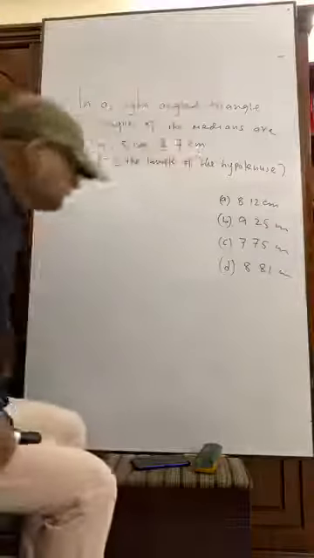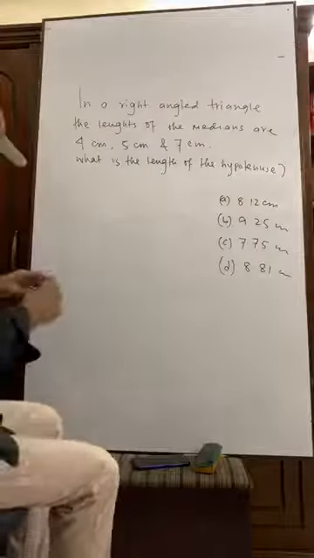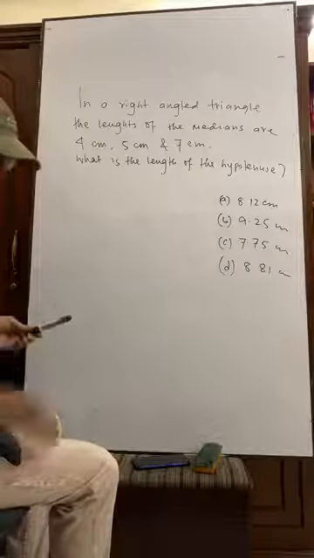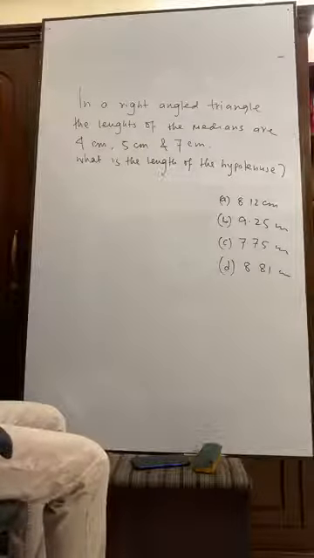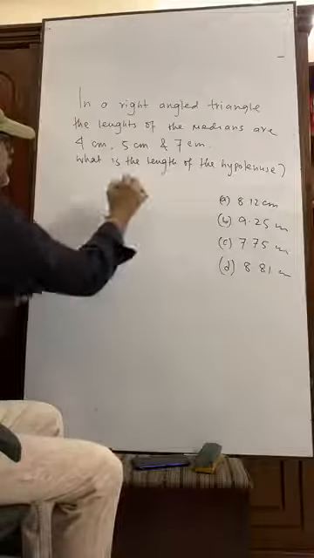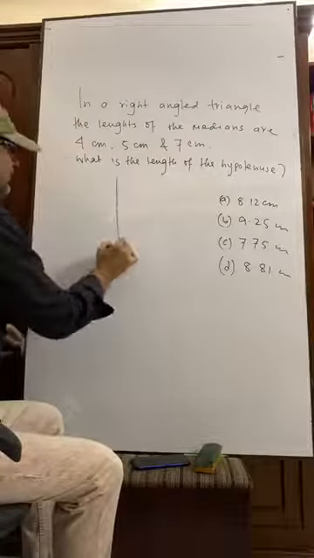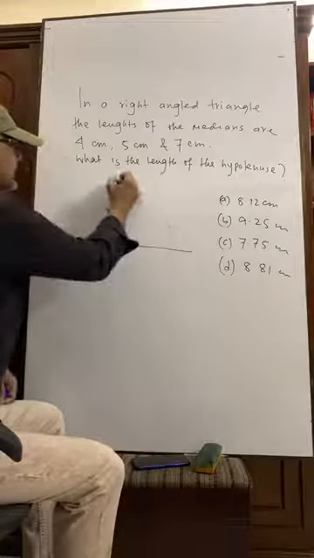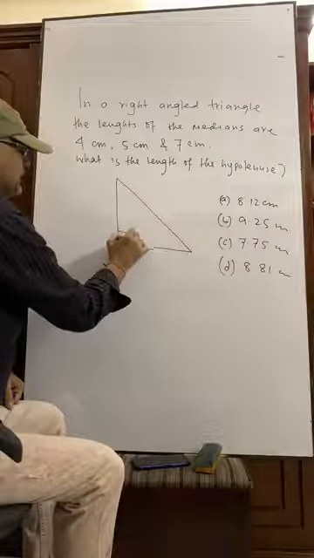Okay. Now see what's happening here. What I have given, you see, this is a right angle triangle. This is the hypotenuse.